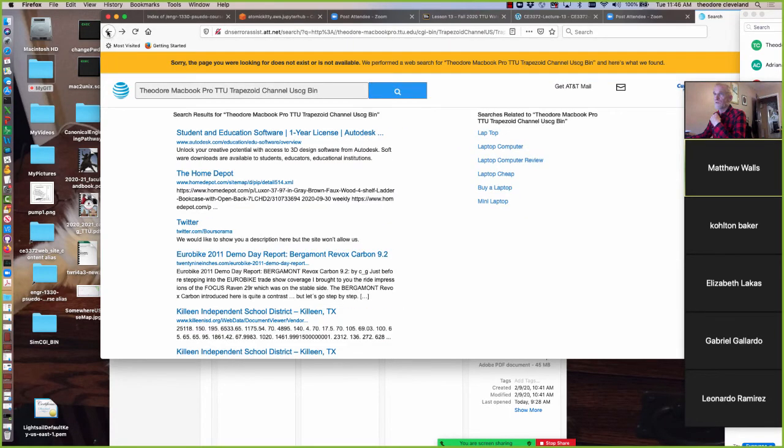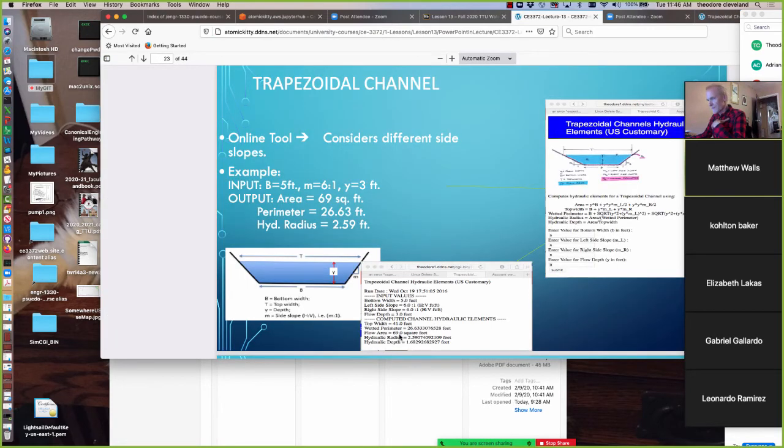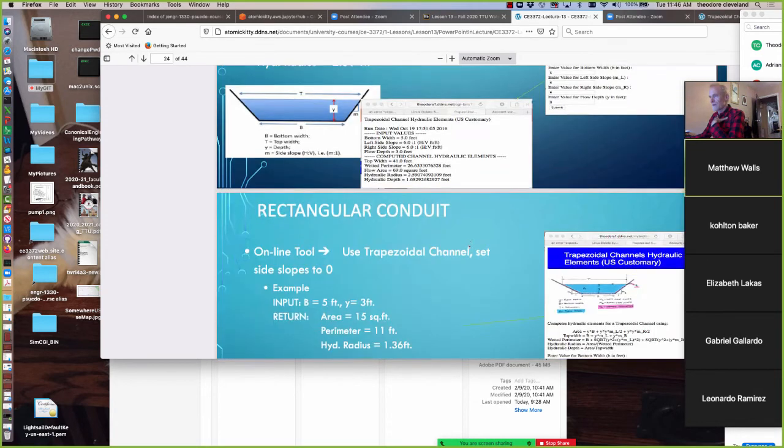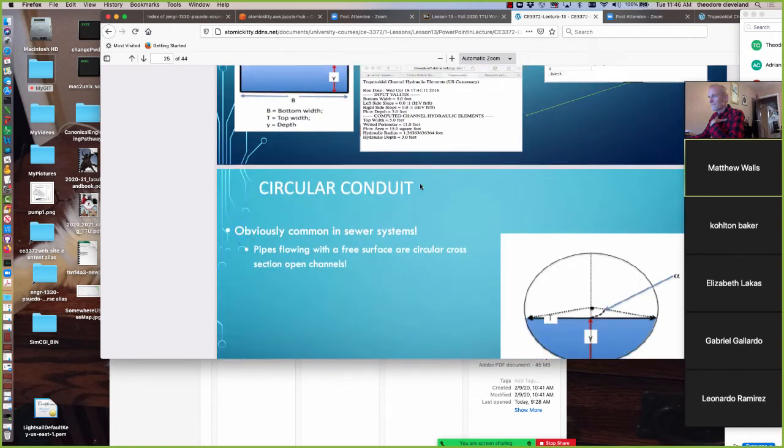Had it worked correctly, it would have returned a top width of 41 feet, wetted perimeter 26 feet, flow area of 69, hydraulic radius, and hydraulic depth. To do a rectangular conduit, we set the side slopes to 0, and then it will simply operate on the bottom width and the depth.